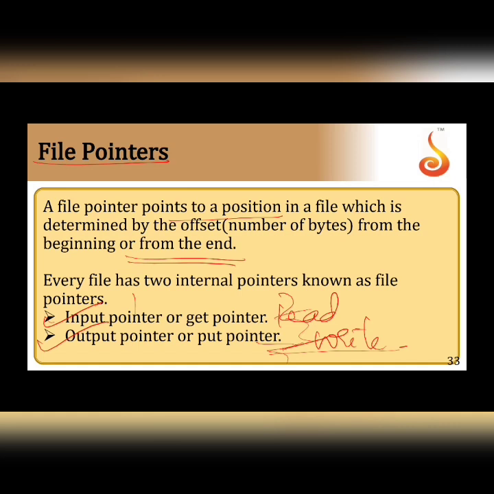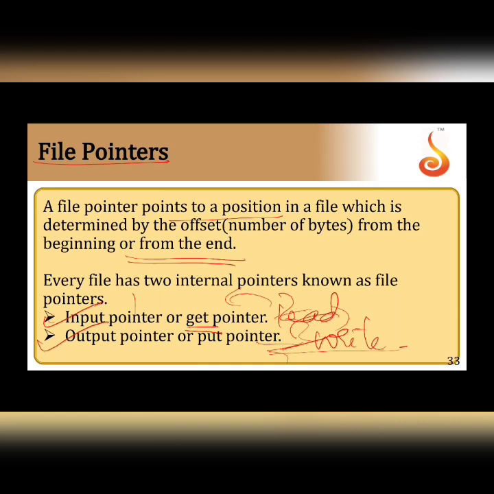These pointers, what do they do? They facilitate the movement across the file while reading or writing. The input pointer, which is also known as the get pointer, points to the element to read next. Reading is nothing but an input operation, right? You are reading into the program, and writing out of the program is the output operation.